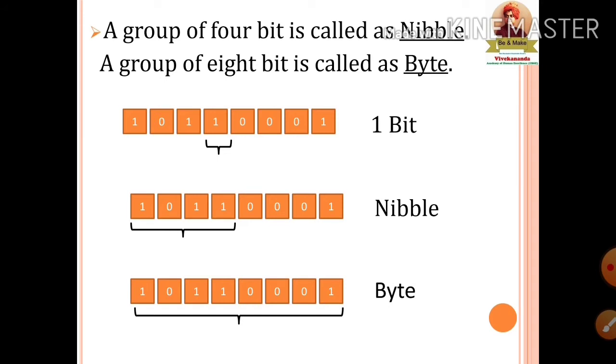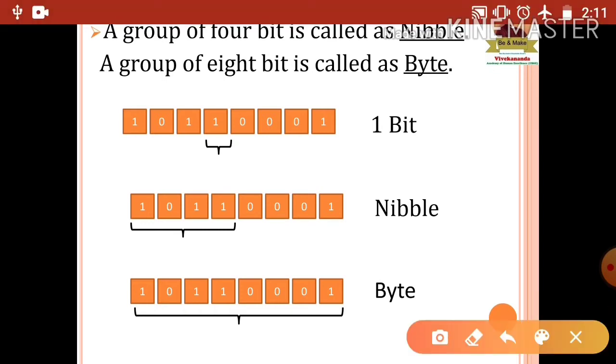Here the same number I have represented, and I have made it in groups and the numbers are shown. In the first part, the numbers are represented individually: this is 1, this 0, this 1, this 1. All these are considered as one digit, and each digit is considered as one bit, an individual bit.